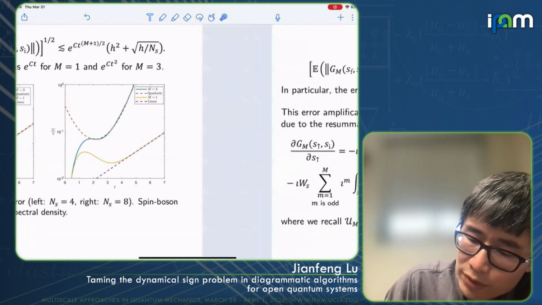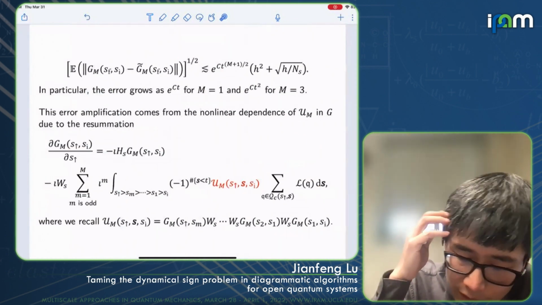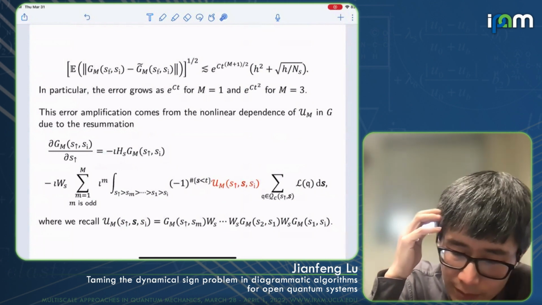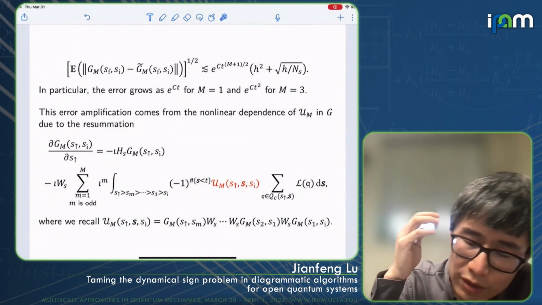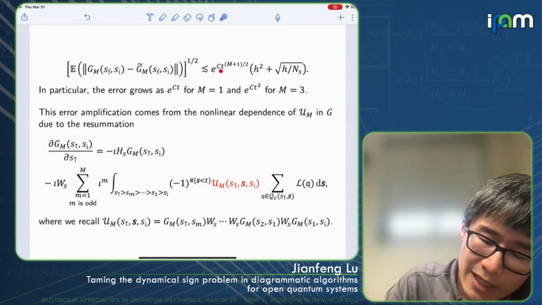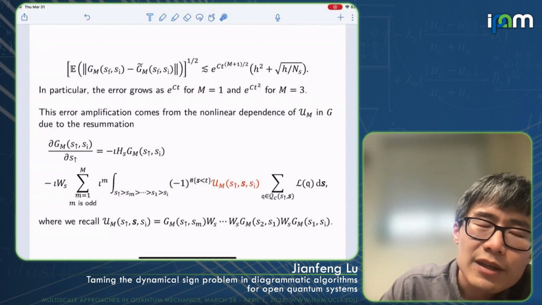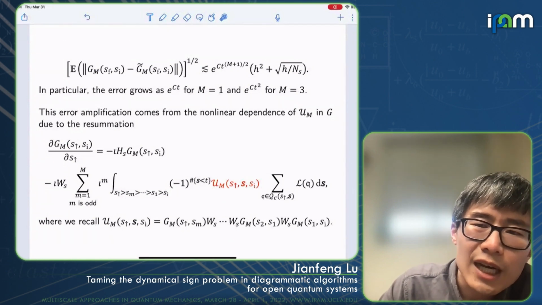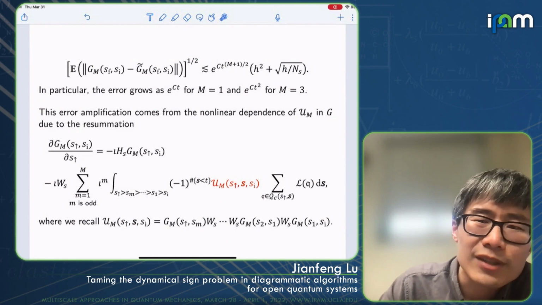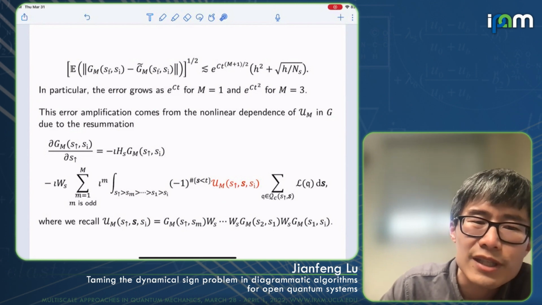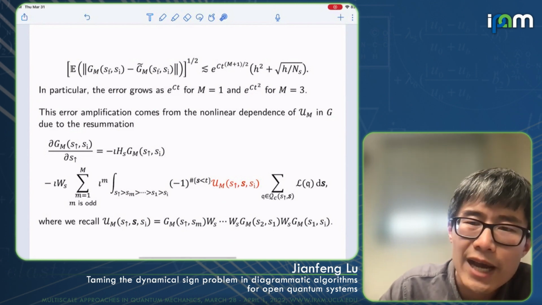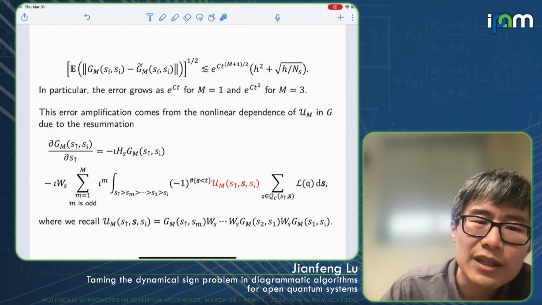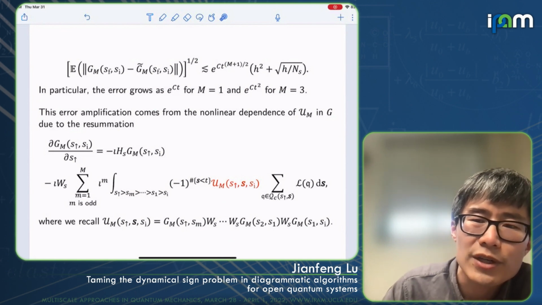So it naturally leads to the question of whether one can do something better. Maybe it sounds pessimistic because it's even worse than exponential. But let me argue that this worse than exponential behavior is not an artifact of our estimate. It's because of the nonlinear interactions in these integral differential equations.